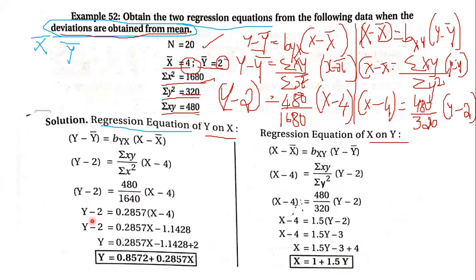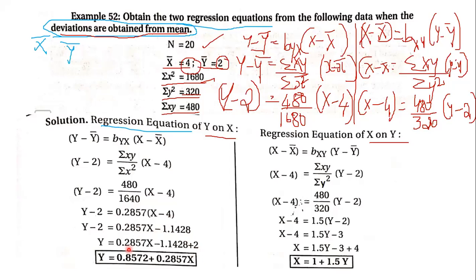Now let us complete this. So we were here, y minus 2 is equal to 0.2857 into x minus 4. Now here multiply this 0.2857 with x minus 4. So you get 0.2857x minus 1.1428. And in the next step, minus 2 will come to the other side, so it will become plus 2.